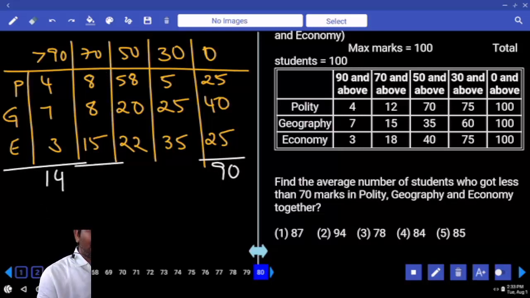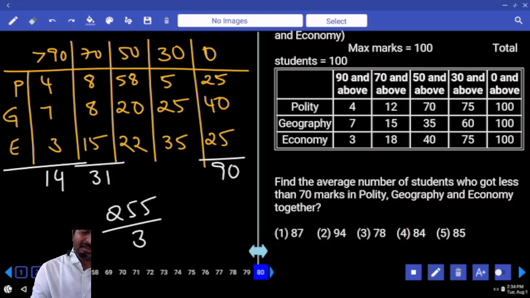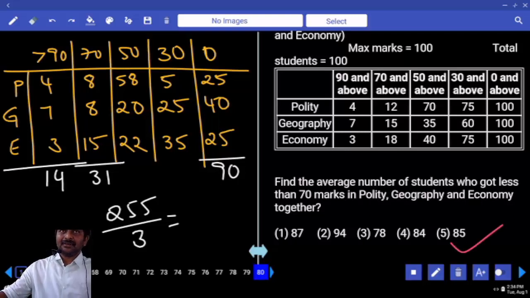Already one number is available, correct? 8 plus 8. 16 plus 15. 30. Sum of these two numbers, 45, is subtracted from remaining and divided by 3. Otherwise, the moment you get 255 by 3, you are done with the answer. Numerator is 5 multiple. Denominator is not 5 multiple. Only one available.